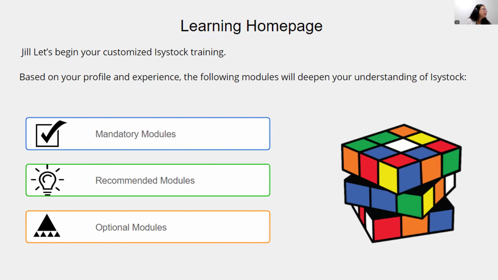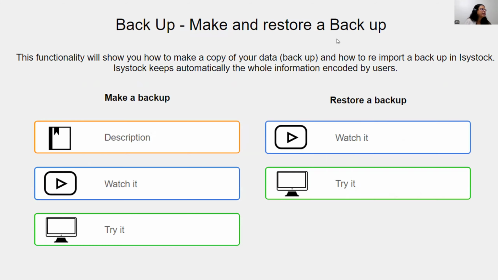This is your code. And based on this code, these are the mandatory, recommended, optional modules that you should be going through. And as I go through each module, this is one of the tasks, making and restoring a backup. And they have a description, they can watch it, they can try it. Then all the try its are simulations.